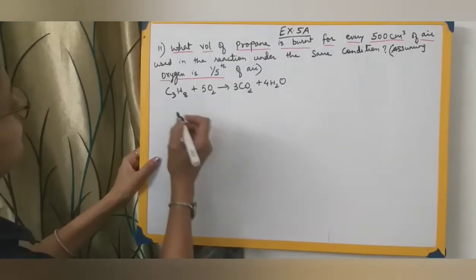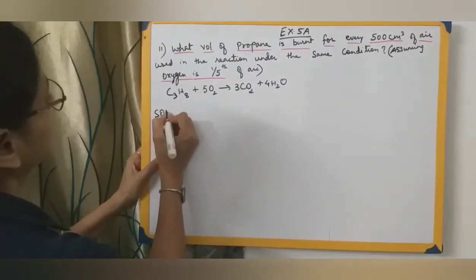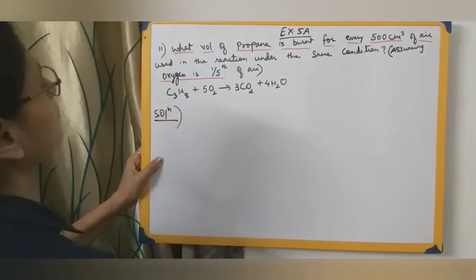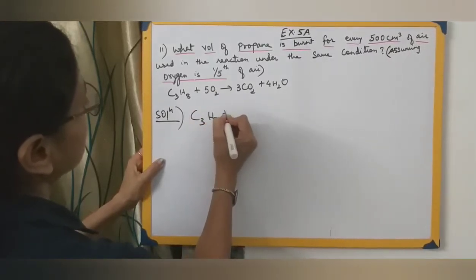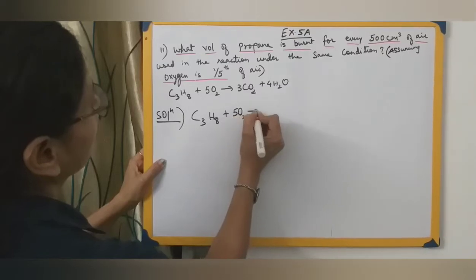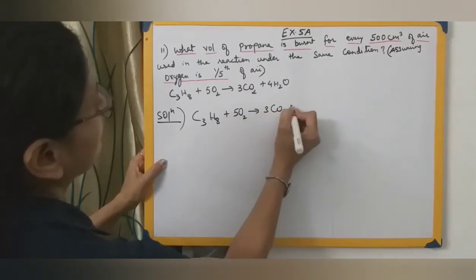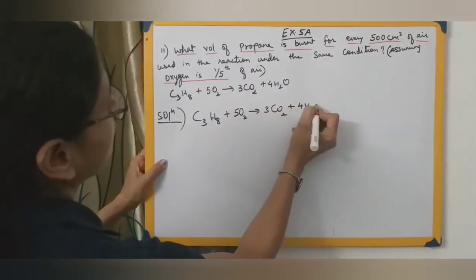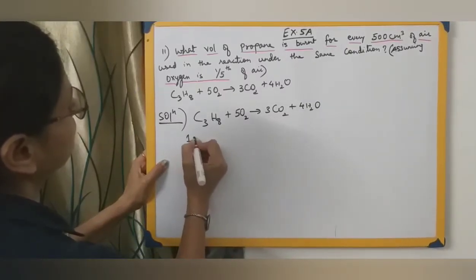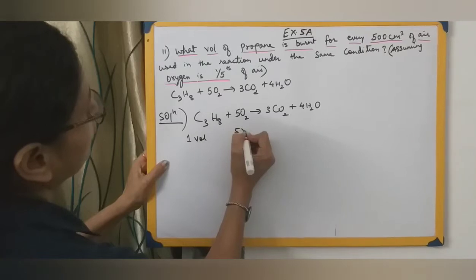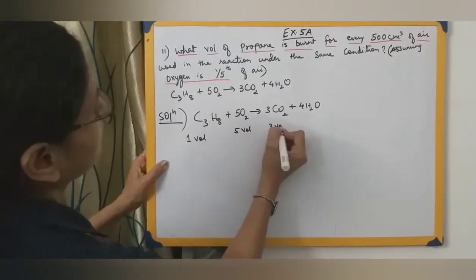So, solution: we'll copy down the equation C3H8 plus 5O2 forming 3CO2 plus 4H2O. So this will be again 1 volume, 5 volume, 3 volume.